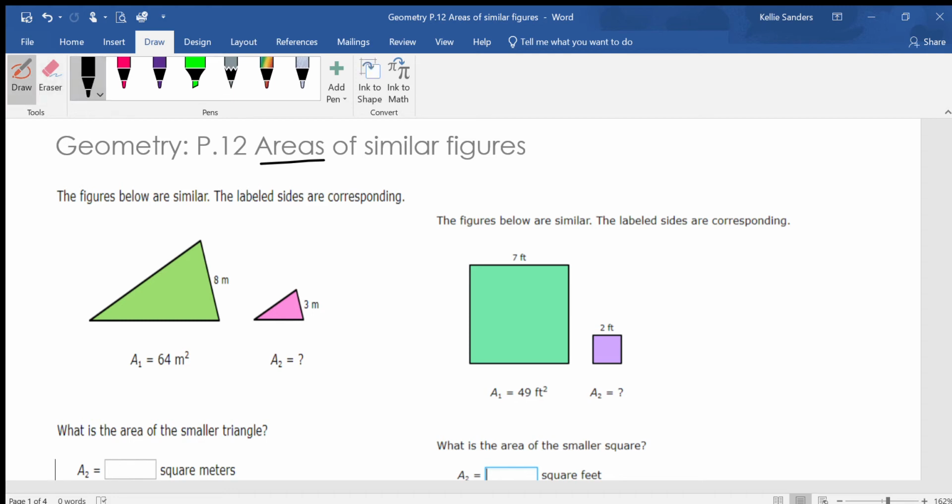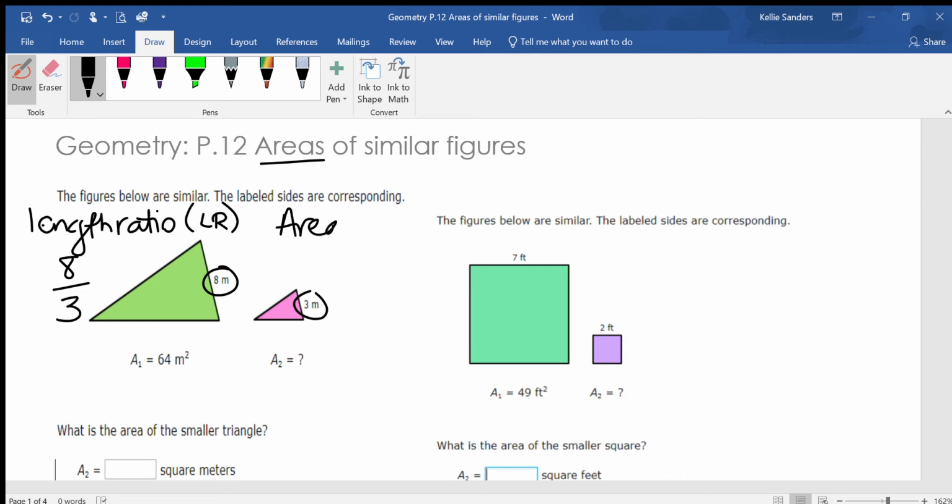So what we're going to do is find the length ratio, and after this I'm just going to put LR for length ratio. The length ratio is 8 to 3 from left to right. If the length ratio is 8 to 3, to find the area ratio, which I'll call AR, we square both lengths.